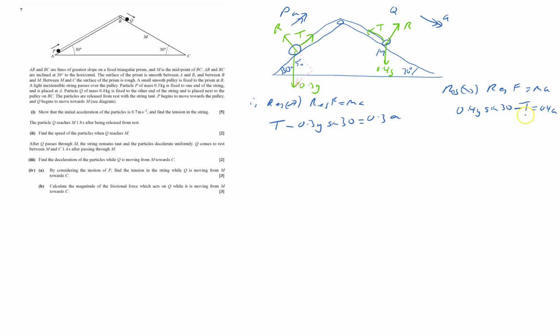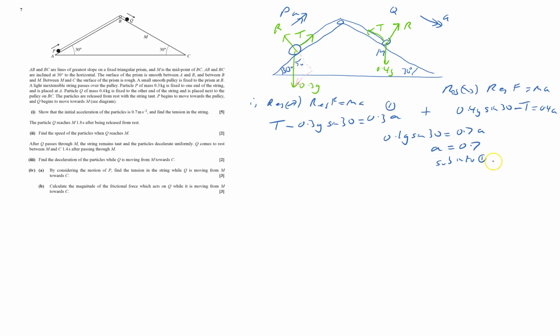If I add them together, then the minus T and the plus T will disappear. So I'm going to add those two equations, and that will give me 0.4 g sine 30 minus 0.3 g sine 30, that is 0.1 g sine theta equals 0.7 a, and that works out that a equals 0.7. Now I need to substitute into equation 1.